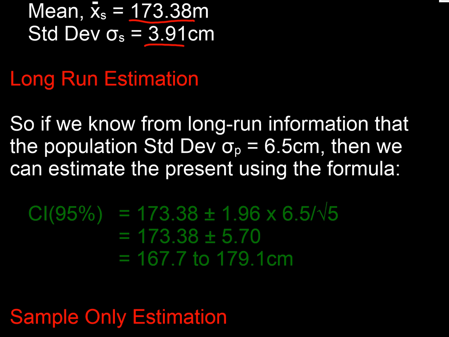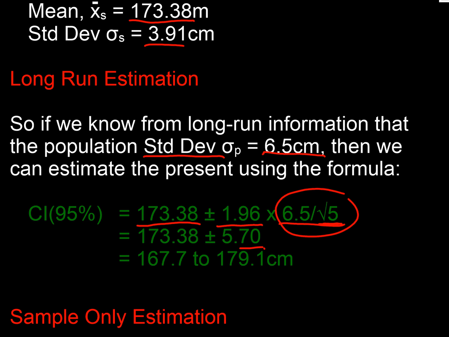Let's have a look at the first one, which is around long run estimation. If we've been sampling heights of sixth formers for many years, we may well know that the standard deviation over many years is 6.5, and we can use that. So our confidence interval is going to be our sample mean, 173.38, plus or minus the 1.96 for our 95% confidence level, and then our 6.5, which is our population standard deviation, divided by root n, our 5 here, to find our sample mean standard deviation.